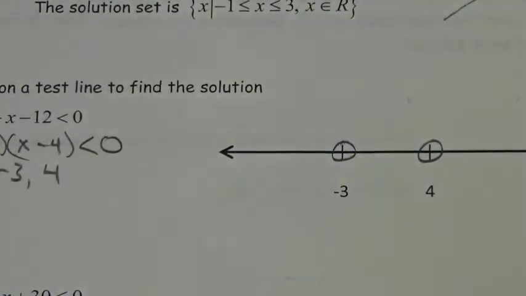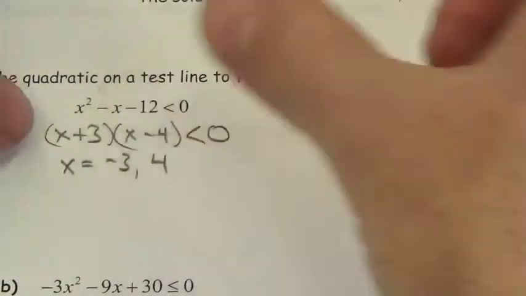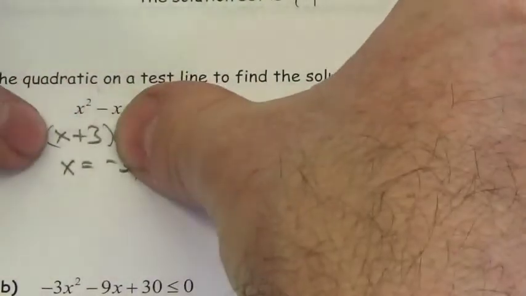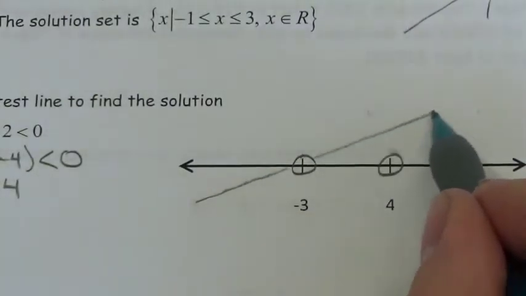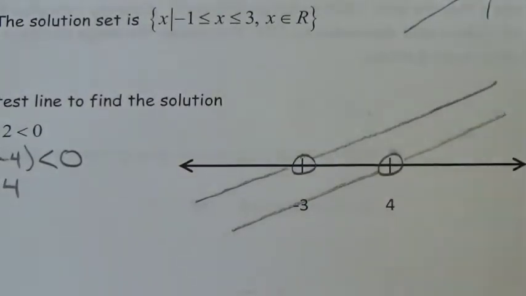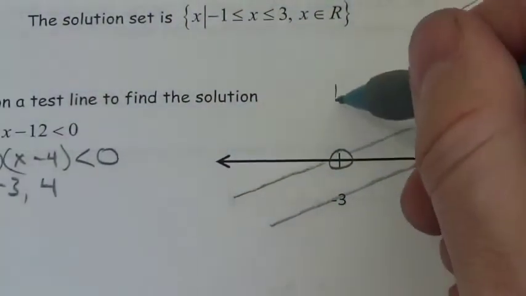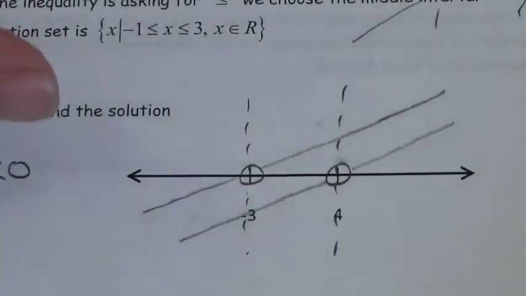Now, I'm going to draw really quickly these two lines, x plus 3, x minus 4. Now, I don't even want to look at the question right now.